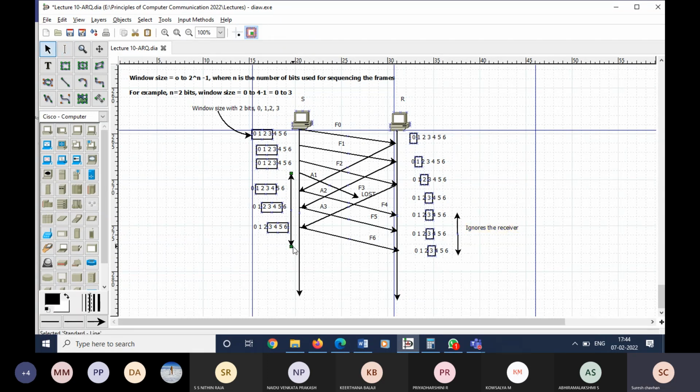So at this point, this F3 has been lost. Timeout has happened here. So this is the timeout. I have not written it here. This is the timeout for F3. After this, it will start sending F3.